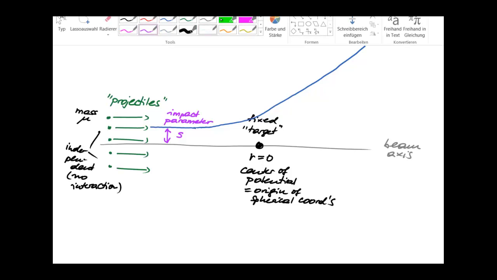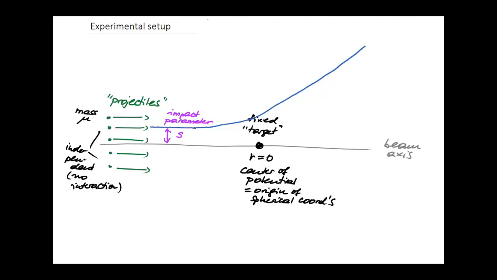Now, as I said, asymptotically, far away from the target, the projectiles are free. So far away from the target, the incoming projectiles move parallel to the beam axis, and the outgoing projectiles far away from the target will also move like free particles on some straight line.